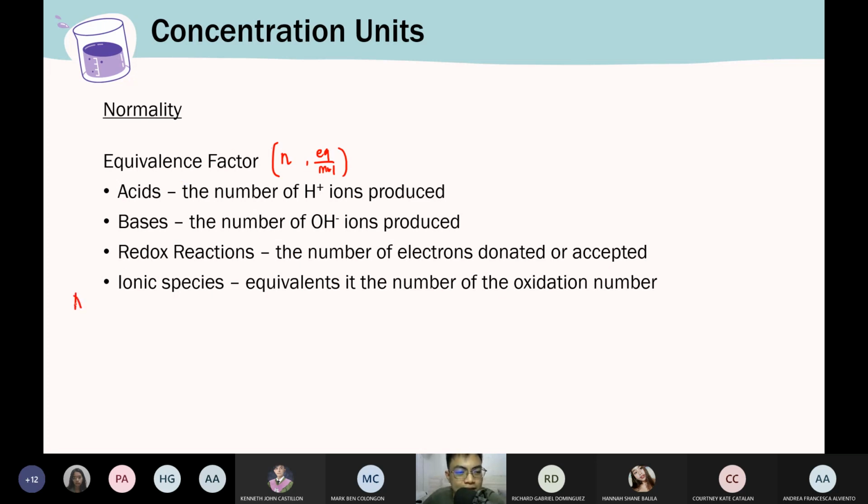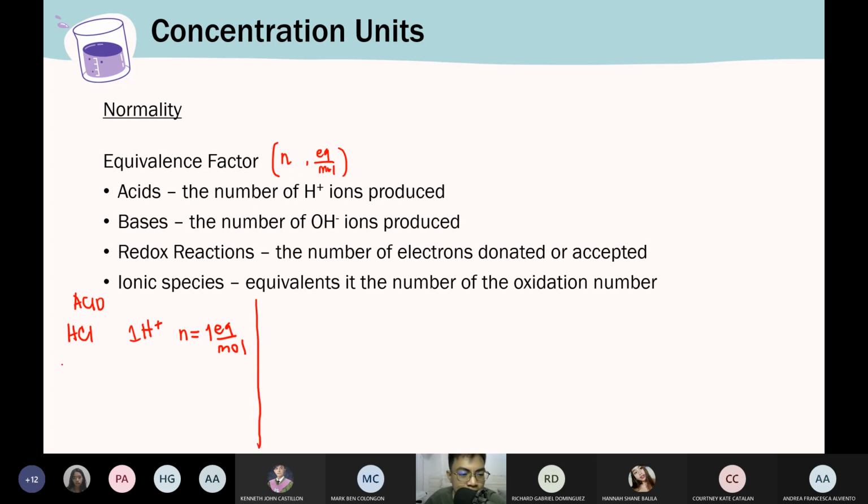If that is an acid, ganito lang. You just check the number of hydrogen it can donate. For example, HCl. How many hydrogens can it donate? Edi obviously, isa lang. Kasi isa lang yung hydrogen niya. Okay? So, isang H plus lang, meaning the equivalence factor is 1 equivalence per mole.